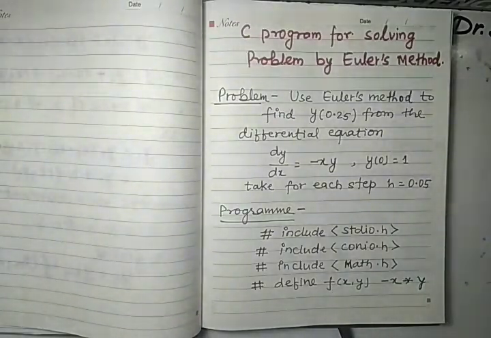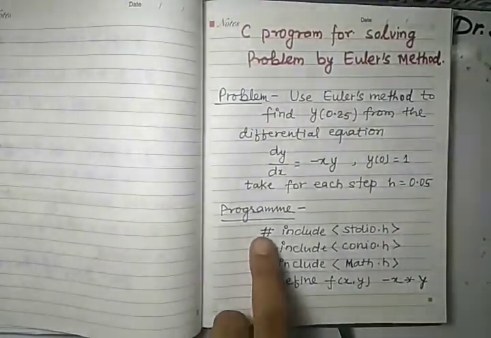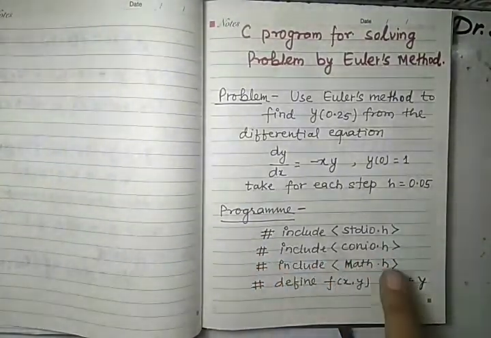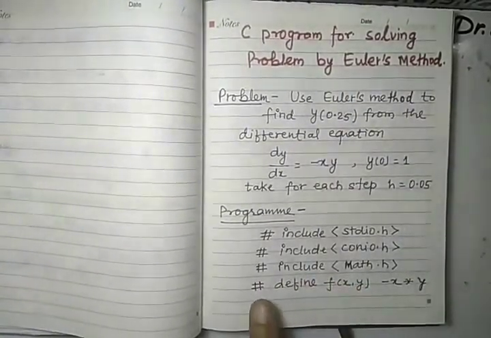In a C program, first we need to call the header files. There are three types of header files. One is stdio.h, second is conio.h, and third is math.h. First we need to call these header files as #include <stdio.h>, #include <conio.h>, and #include <math.h>.